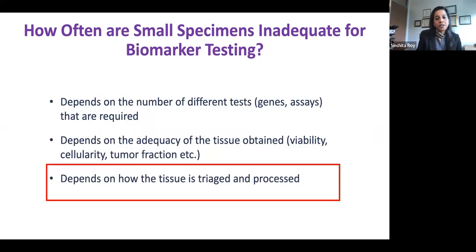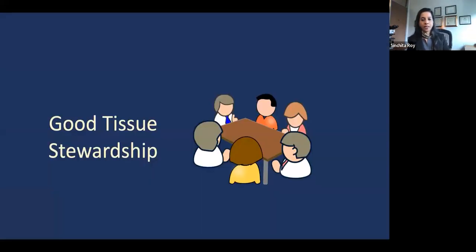And then the last thing, of course, is how that tissue is triaged and processed, because the processing can actually make quantitative and qualitative differences in the nucleic acid yield, the protein antigenicity, and how that tissue is going to behave in downstream testing.